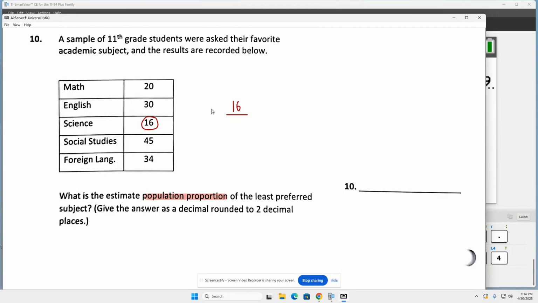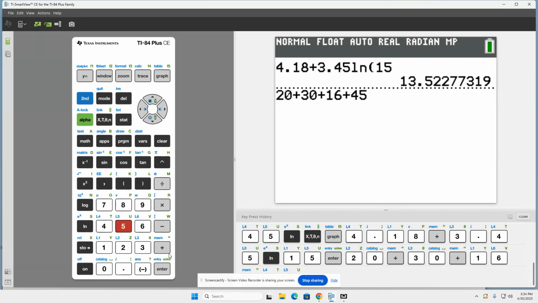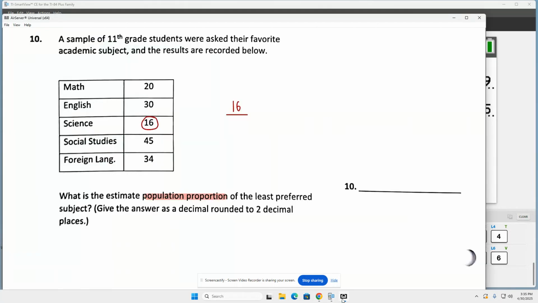So what's the bottom number? Well, the bottom number is everything. So we're going to tally these all up. That's 20 plus 30 plus 16 plus 45 plus 34. So my total that goes in the bottom is 145.